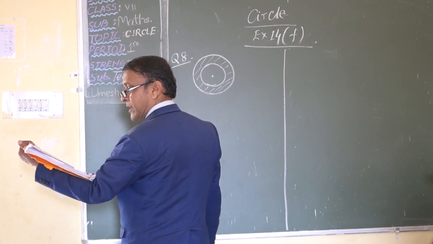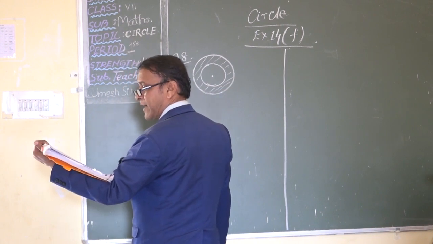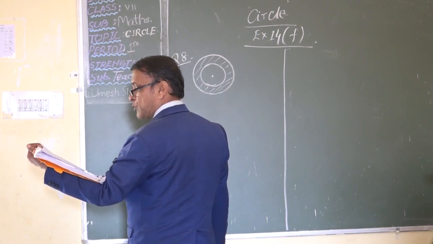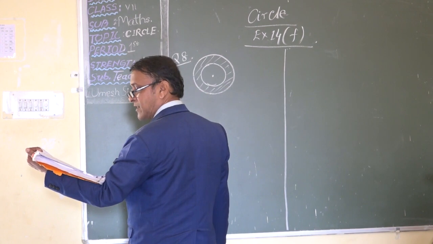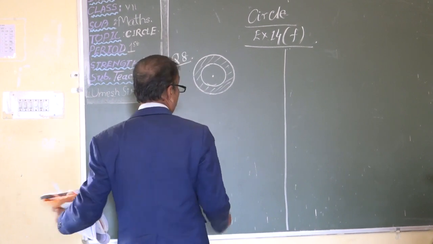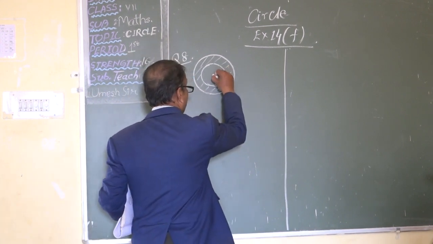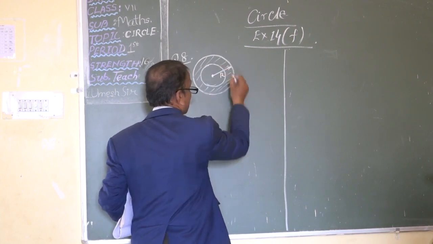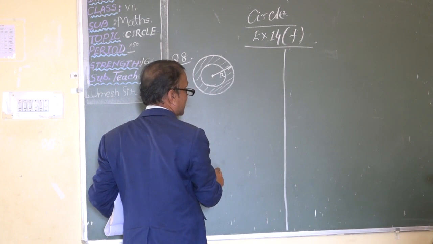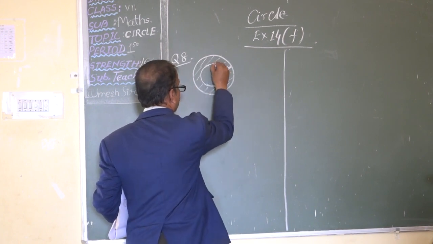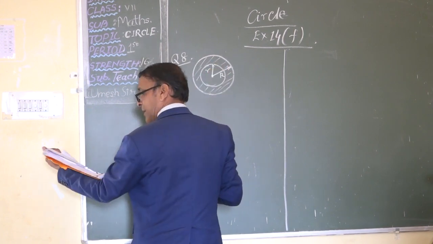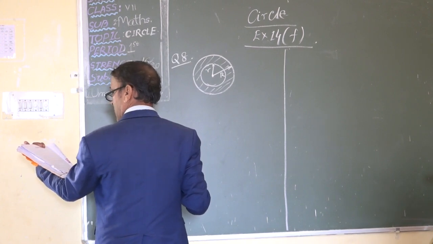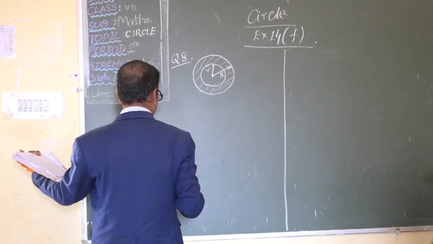Find the area of a circular ring formed by the circumference of two concentric circles of radius 11 meter and 4 meter. That means 11 meter which is given is definitely the capital R, outer radius, and the small radius is given, how much is it given?